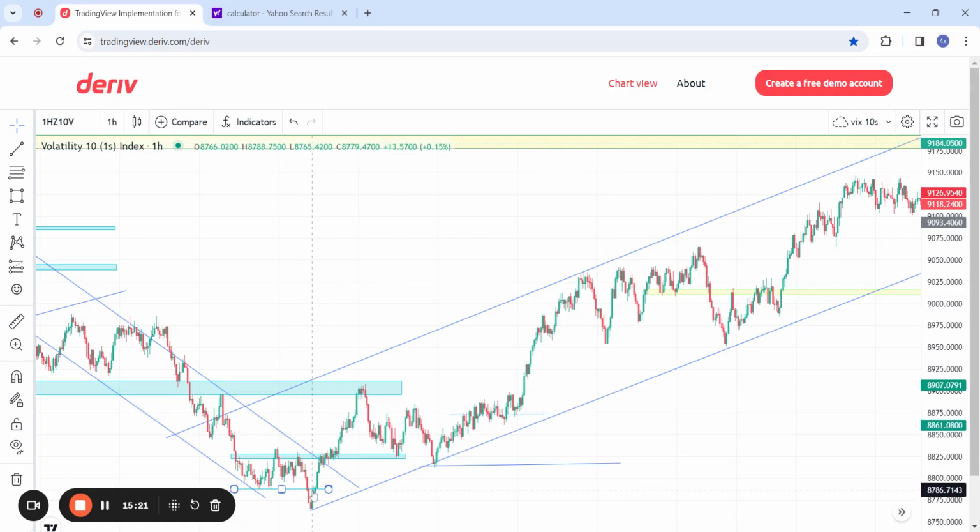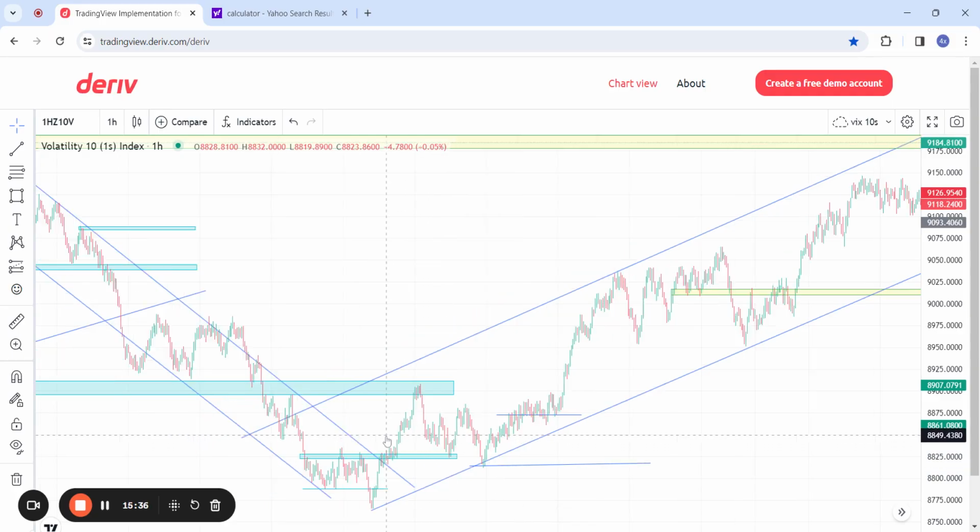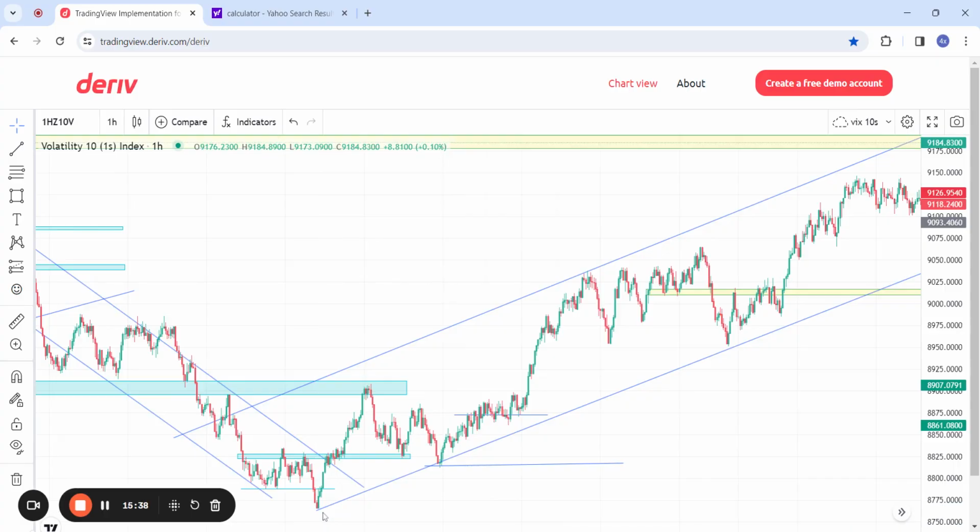Then what I would look at is basically the structure here. And then you're going to need to be mindful of the impulsive move followed by what we call the counter trend, the correction. Now, how would I compound this on a smaller time frame? Say I enter the trade and I see it make an impulsive move.